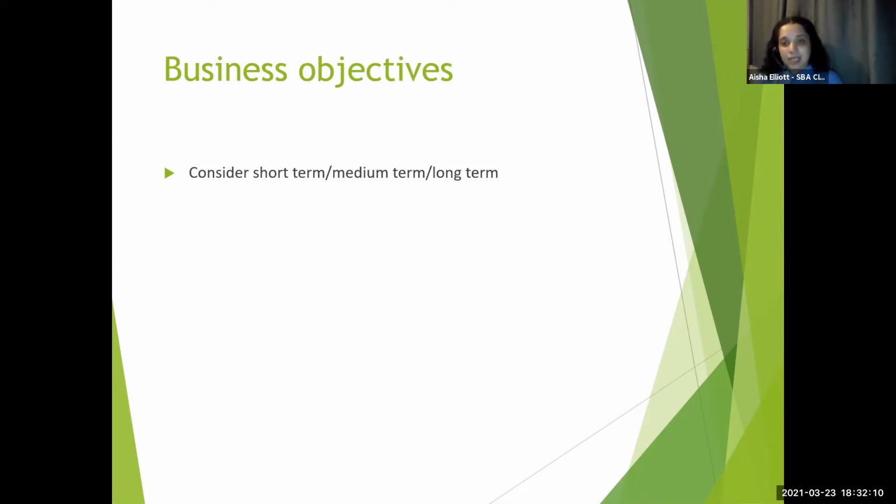By setting these objectives or goals, you can see if your business is moving in the direction that you want it to. If it's not, you can put things in place to make sure that you meet those goals, or it may be that your goals have been too ambitious, too difficult, because everything takes longer than you initially think it will.